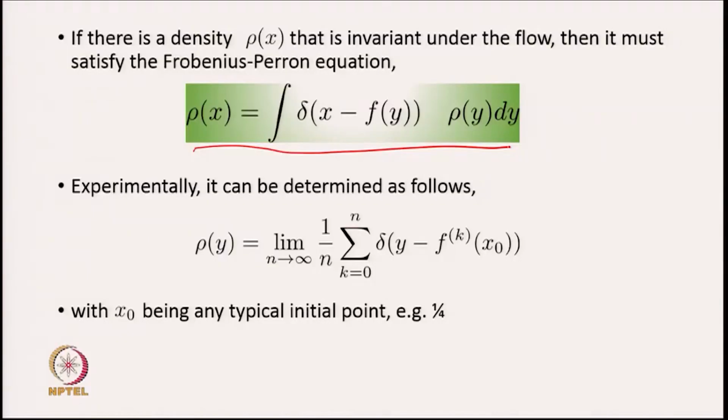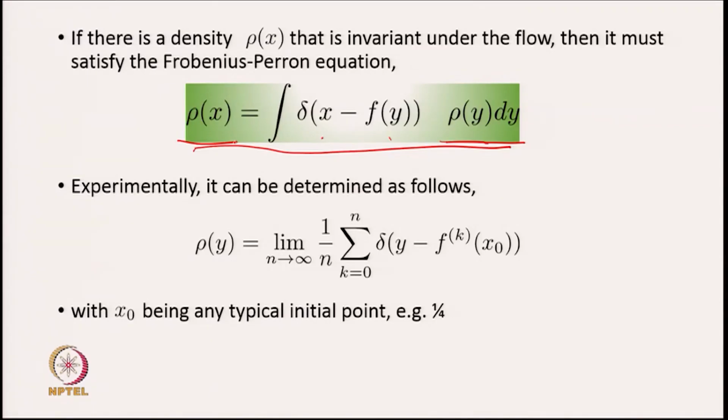Namely, if you have a density rho which is invariant, and f is the mapping, then rho of y dy, for all the points y when they map to the point x, must give you back rho of x, which is the same. So, an invariant density has to satisfy this equation of stationarity, known as the Frobenius-Perron equation.